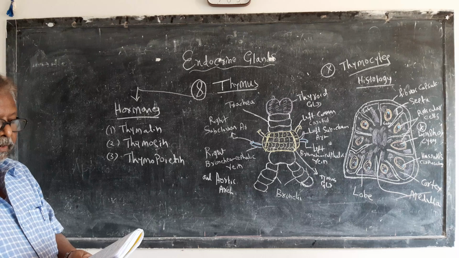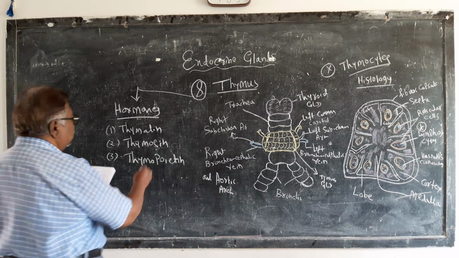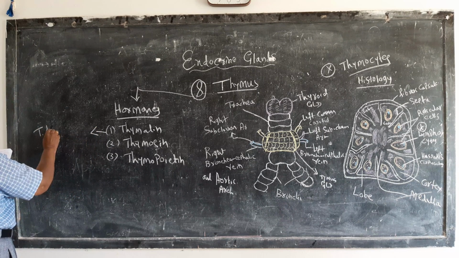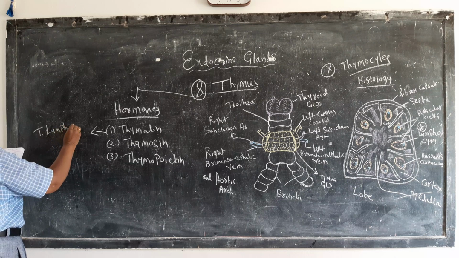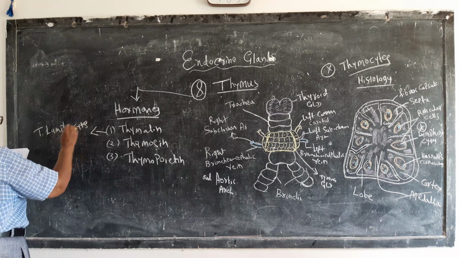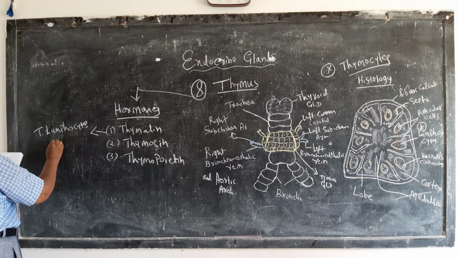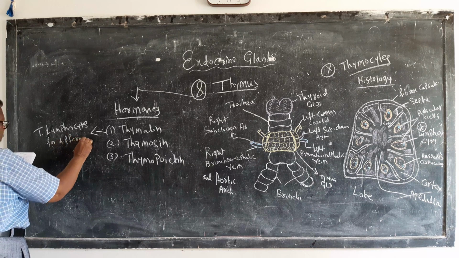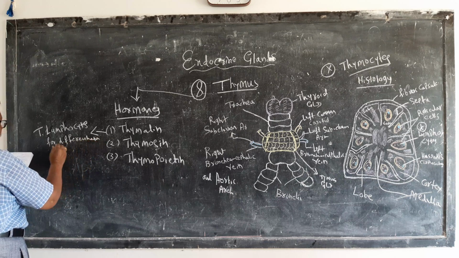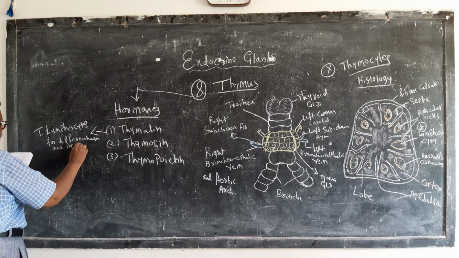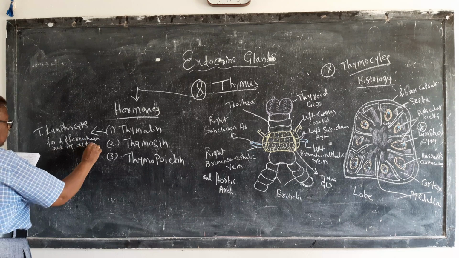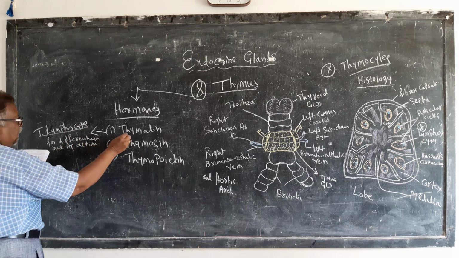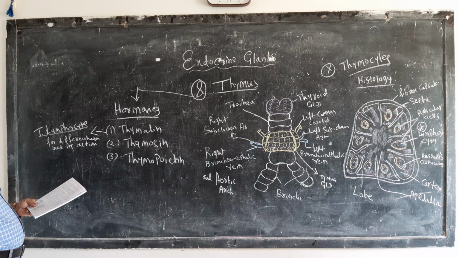It induces the T lymphocytes for differentiation and its action. So the T lymphocytes are activated and differentiated by the thymolin hormone of the thymus gland.